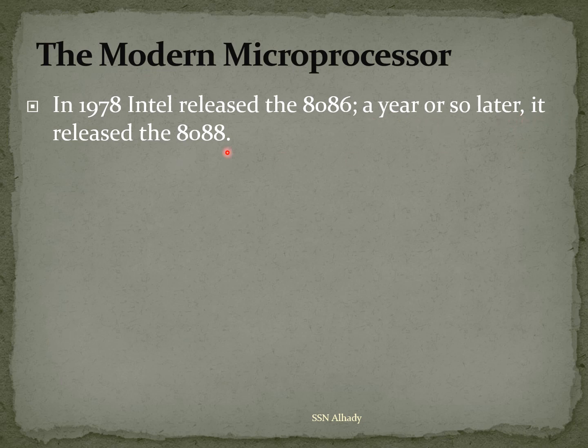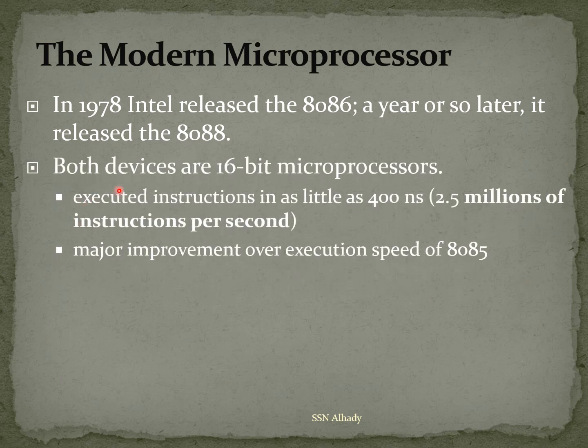A year or so later, it released the 8088, both of which are 16-bit microprocessors. 16-bit means the width of the data line is 16, which executes an instruction in as little as 400 nanoseconds. That means it can execute 2.5 million instructions per second, which is considered a major improvement over the execution speed of the 8085.